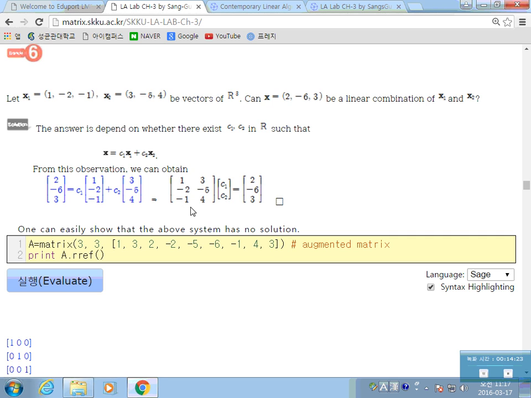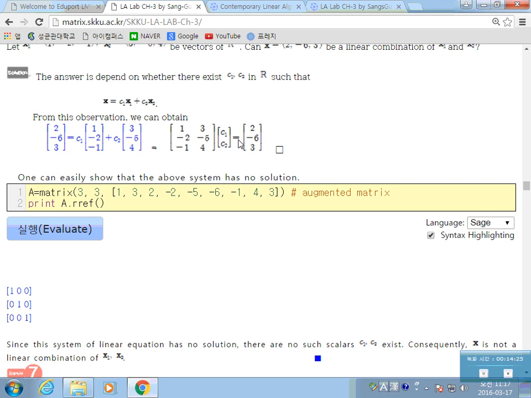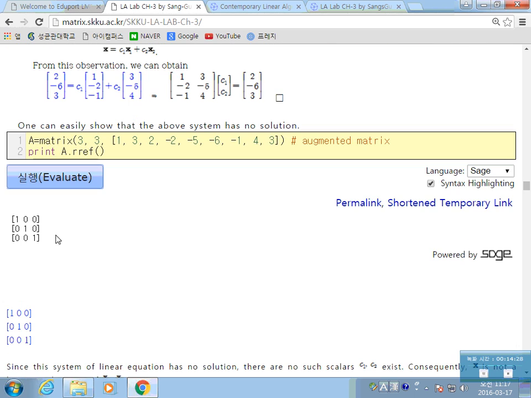Okay, so if you solve this, then you will find a situation like this, which means the last equation cannot exist. 0 x1 plus 0 x2 is equal to 1.